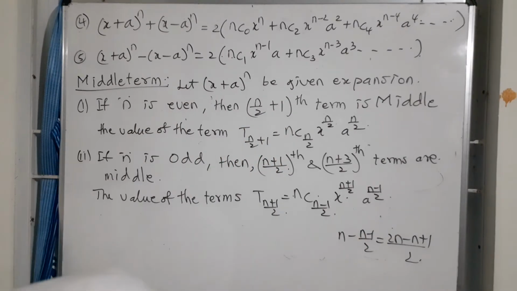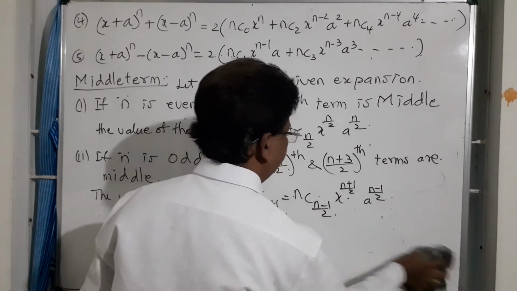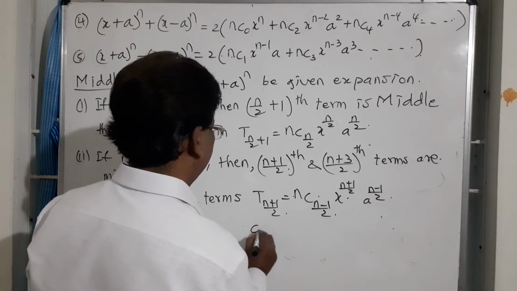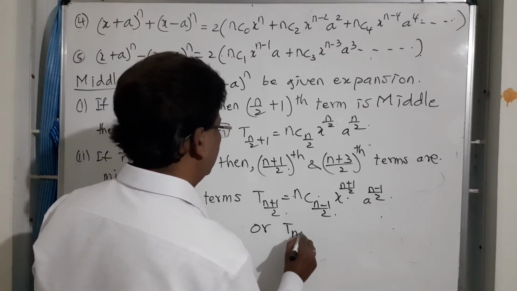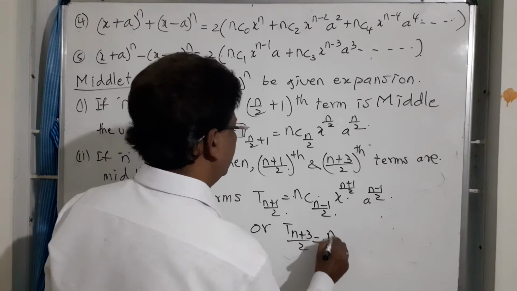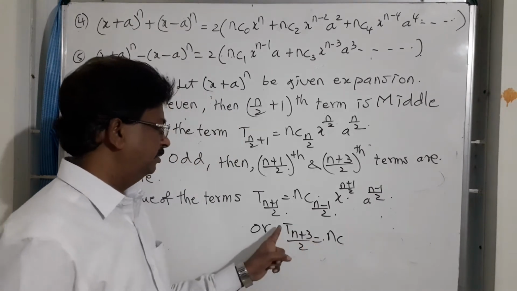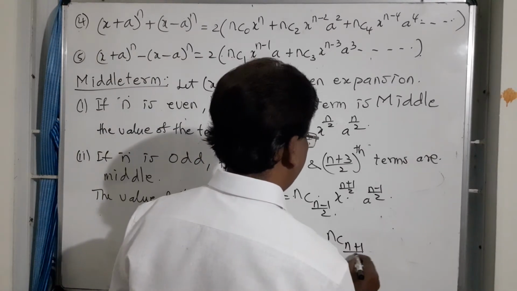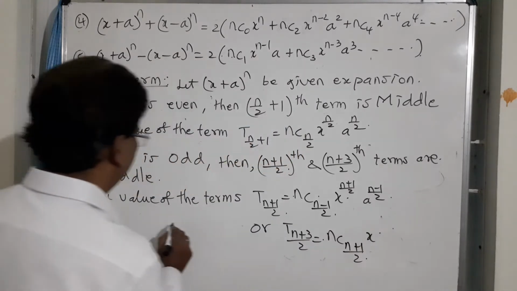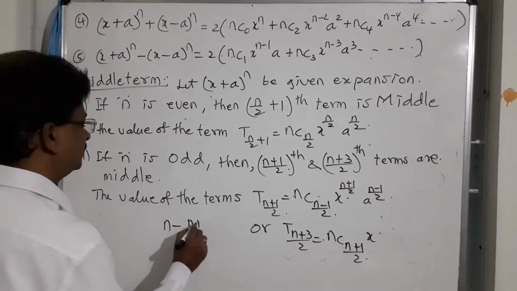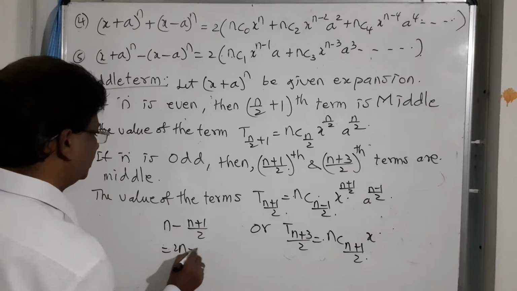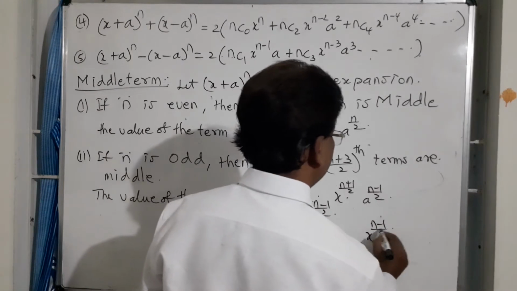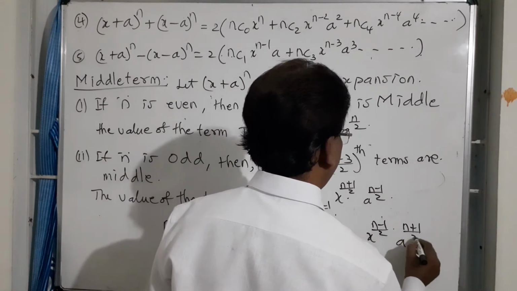This is one middle term, and the next middle term is the one after this, T((n + 3)/2). nC with one less, that is (n + 3)/2 minus 1, which equals (n + 1)/2, into x power n minus (n + 1)/2, this is (2n - n - 1)/2, that is (n - 1)/2, so x^((n - 1)/2) and a^((n + 1)/2).